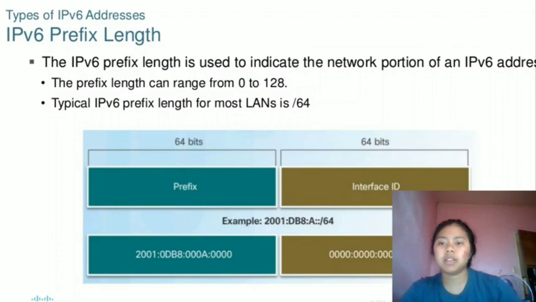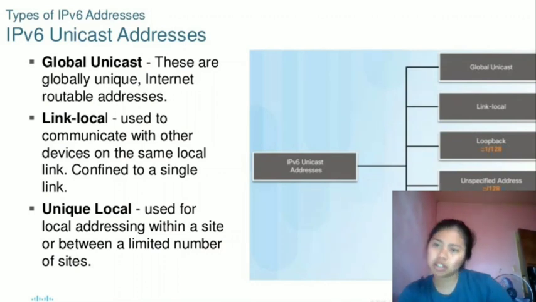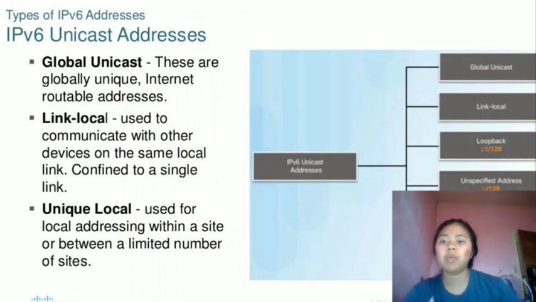IPv6 prefix length. The IPv6 prefix length is used to indicate the network portion of an IPv6 address. IPv6 unicast has 3 types of addresses: global, link-local, and unique local.